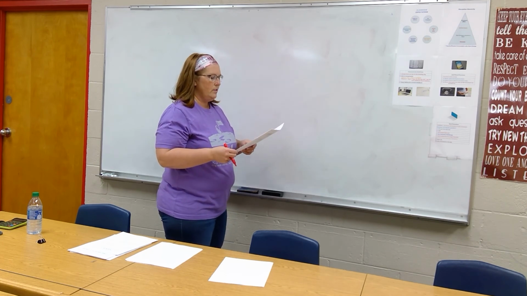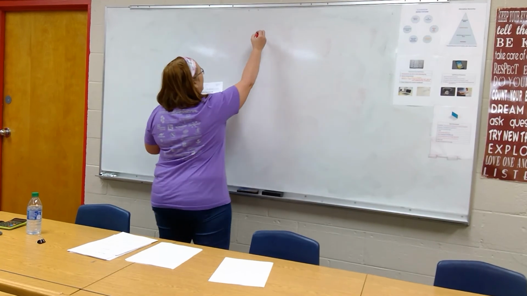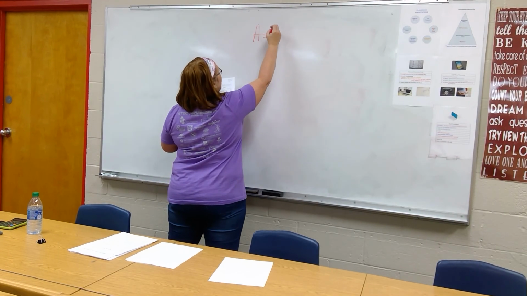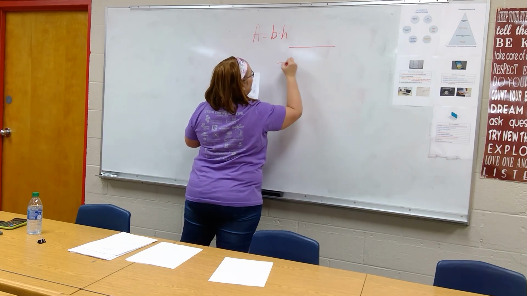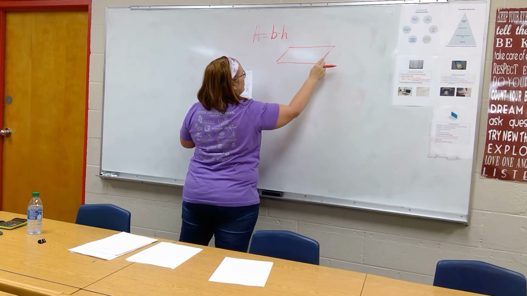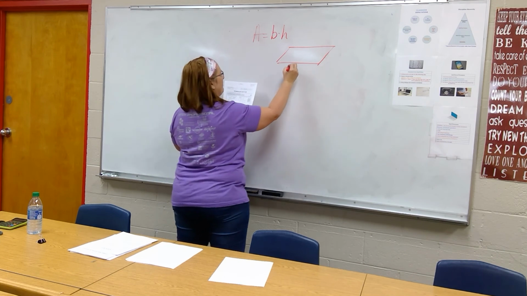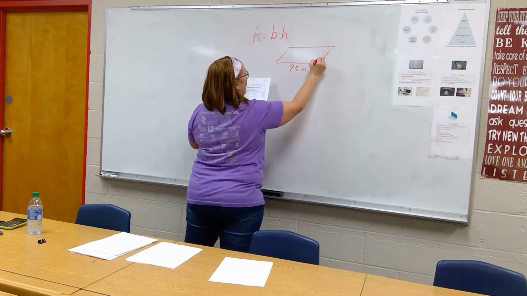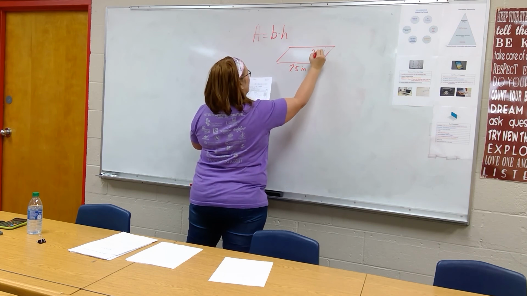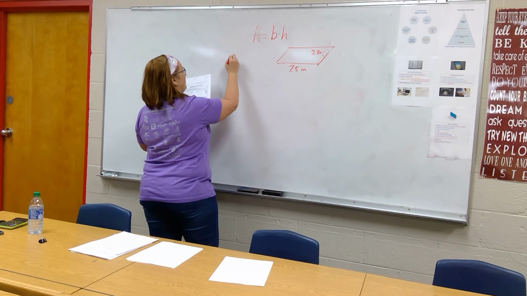So on number 1 it says find the area of a parallelogram. We know the formula for a parallelogram is area equals base times height. So if I have a parallelogram whose base is 7.5 inches and whose height is 2.8 inches, I can just plug that in.